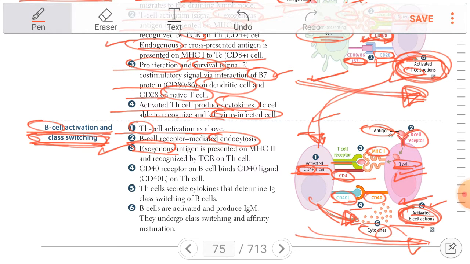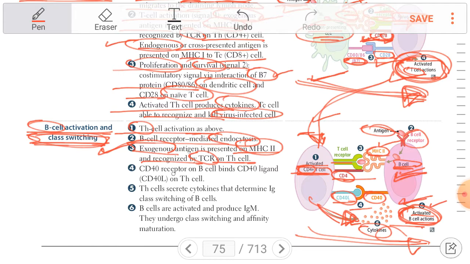So it must be exogenous because MHC1 responsible for endogenous, MHC2 responsible for exogenous. So exogenous antigen presented on MHC2 for B cells and recognized by what? T cell receptor on T helper, CD4 T helper cell.